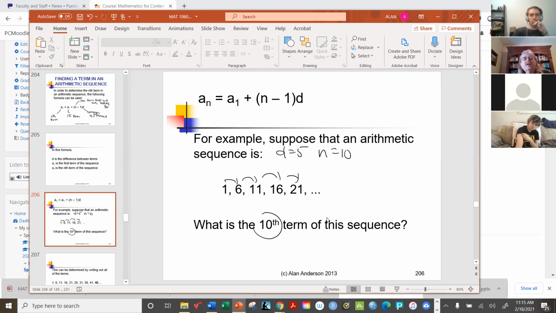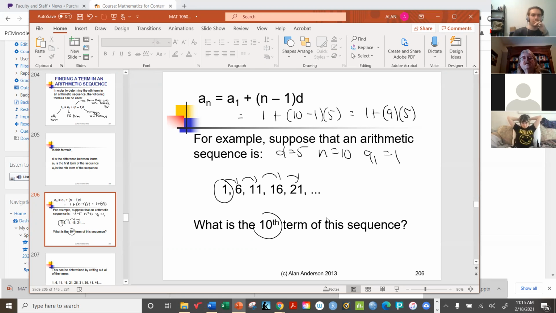And we also know that A1 is 1. So if we want to know the 10th term, here's all we have to do. 1 plus 10 minus 1 times 5 equals 1 plus 9 times 5 equals 46. And that's all you have to do.